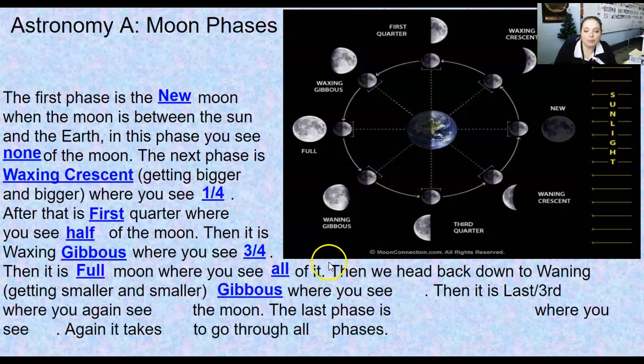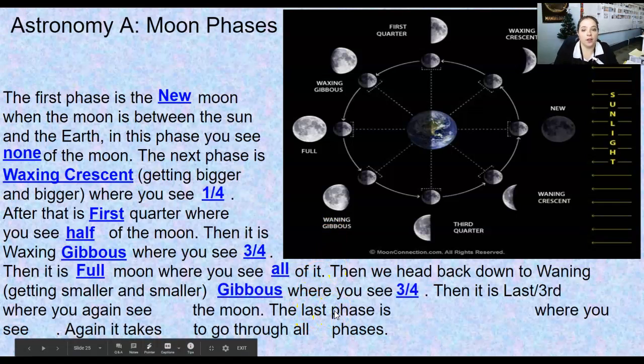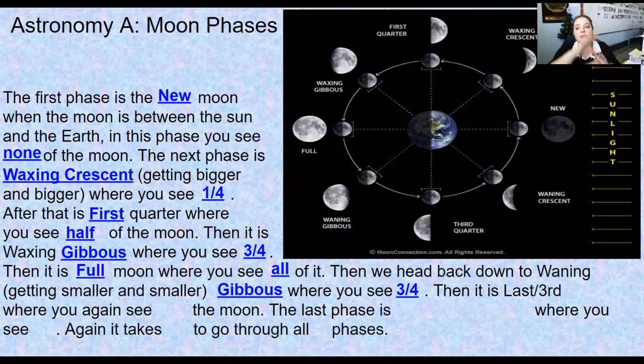So gibbous. There you see again 3/4, but it's going back down, which means the right-hand side is now starting to get darker. So on the waxing side, the left is darkest. On the waning side, the right is the darkest.